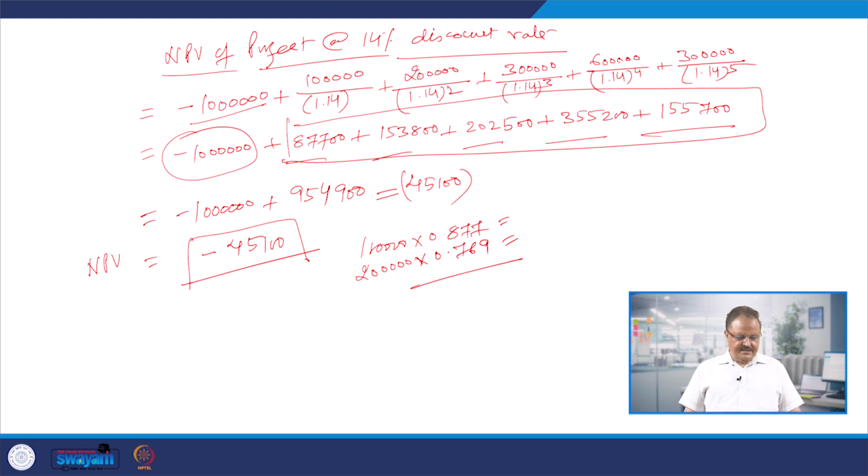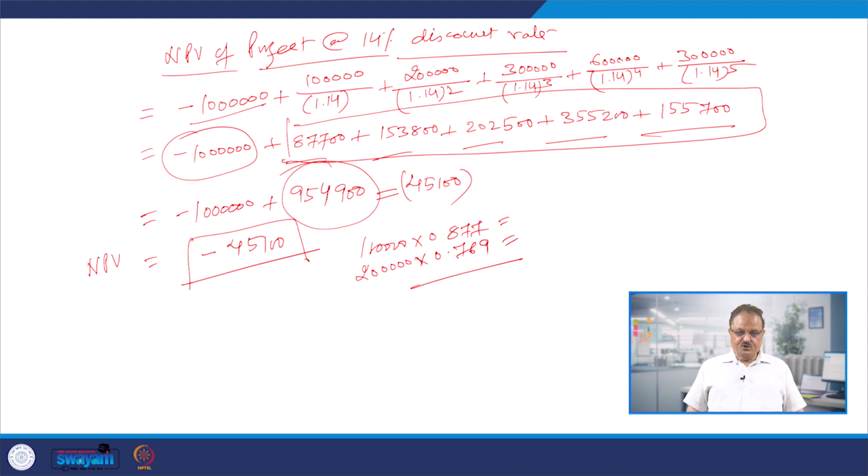We are doing it in the form of the equation. So we could see here that on one side you are keeping this 10 lakh rupees as a cash outflow, and then you are calculating the present value of the cash inflow discounted at the rate of 14%. Finally, we found that our cash outflow of the project is 10 lakh rupees, 1 million rupees, and the present value of the cash inflow is 9,54,900 rupees.